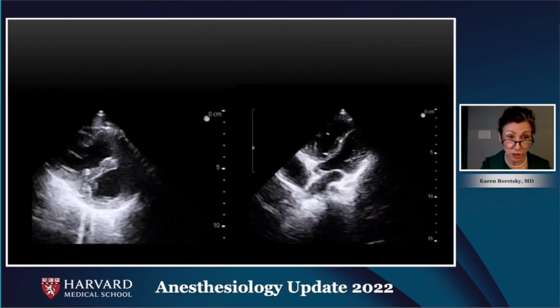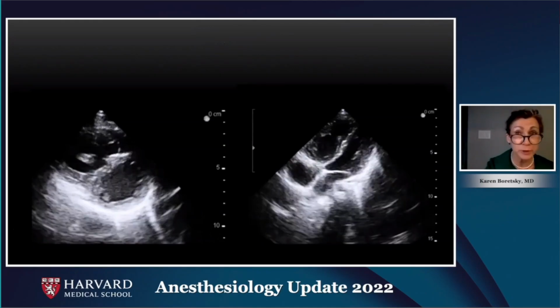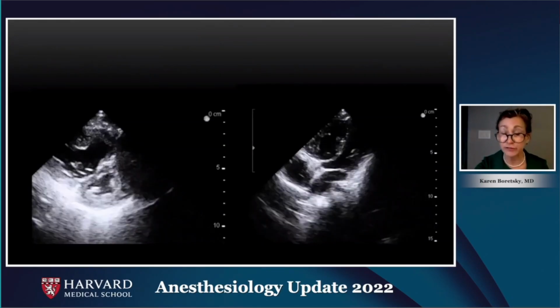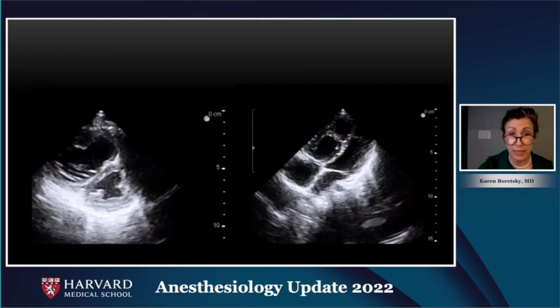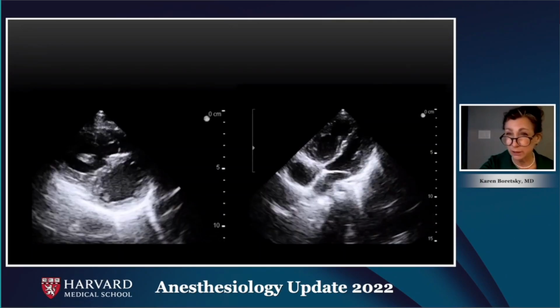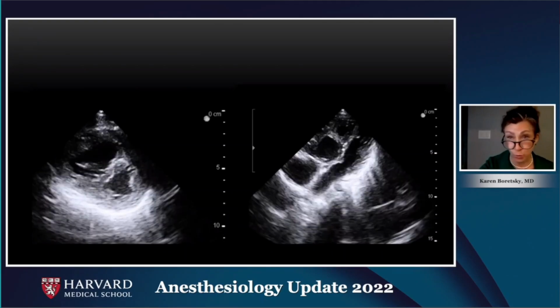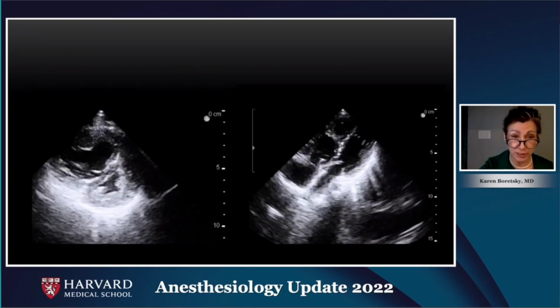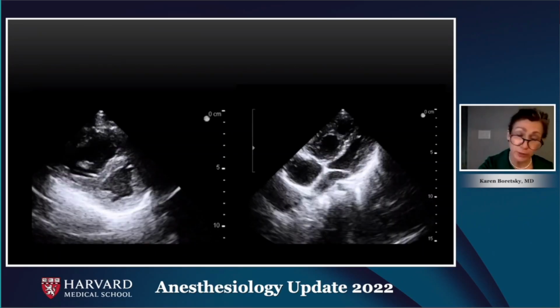This next child is a 7-year-old ASA 1 presenting for strabismus surgery. After the induction of anesthesia, the patient developed atrial bigeminy. Cardiac arrhythmias are very unusual in the absence of congenital heart disease in pediatric patients. So we tried to let it resolve.